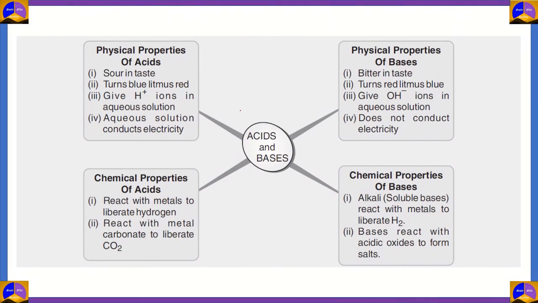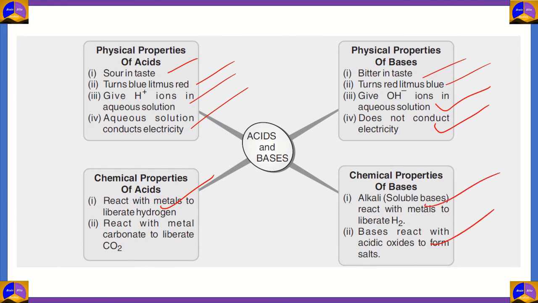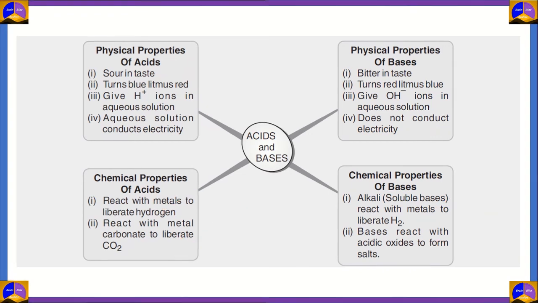Now, when you look at acids and bases, you have physical properties and chemical properties. These are the properties that we've discussed. Acids are sour, turn blue litmus red, form H plus ions, and in aqueous solution conduct electricity. And bases are bitter, turn red litmus blue, and OH minus ions are formed. Then we have chemical properties, that is reaction with metals, as well as reaction with acidic oxides and reaction with metal carbonates in the case of bases and acids respectively.